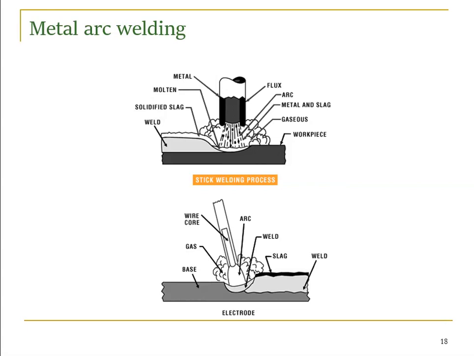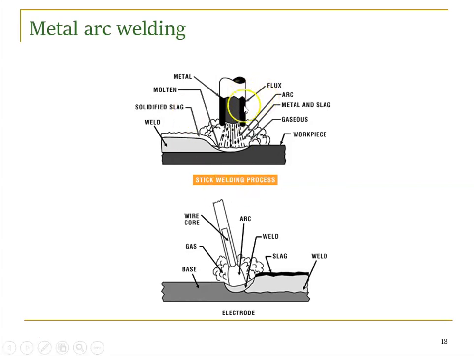For example, we have two workpieces. If the two workpieces are mild steel, then the electrode should be mild steel. Because the electrode is consumable, it acts as a filler metal, so it will melt and be deposited in the gap between the two workpieces, so it should be the same as the parent metal.